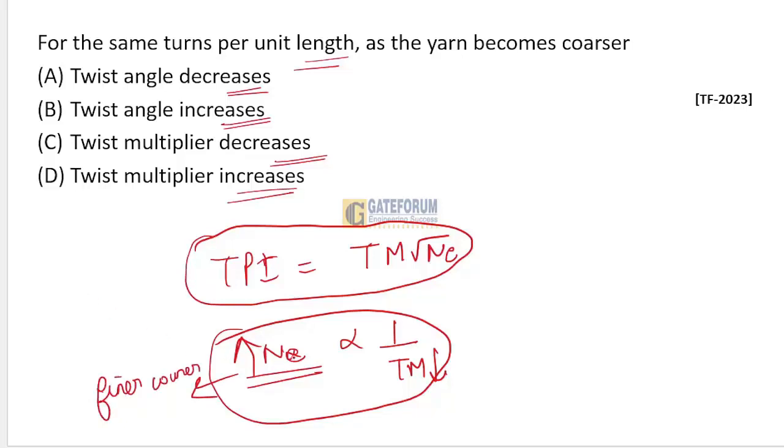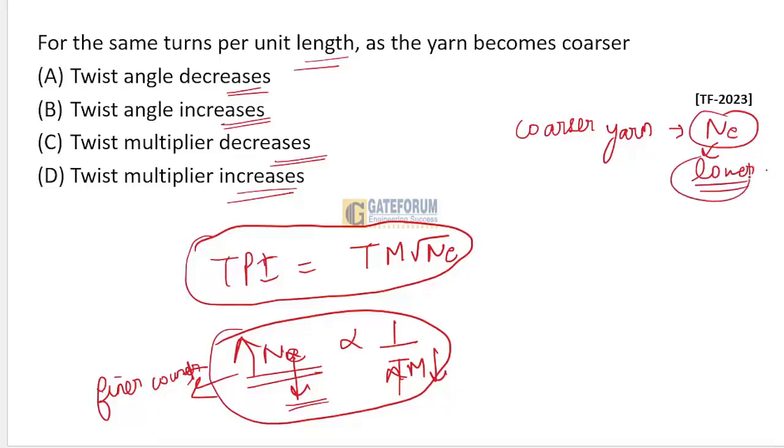If Ne is lower, then the twist multiplier is higher. So for a coarser count, the twist multiplier increases. Since Ne is an indirect count, for a coarser yarn the value of Ne should be lower. If it is lower, then the twist multiplier is higher, and vice versa.